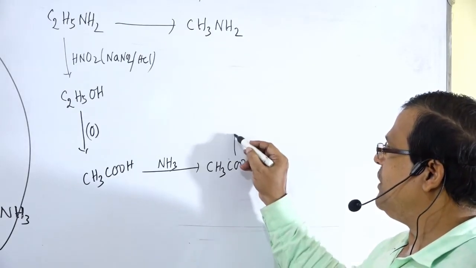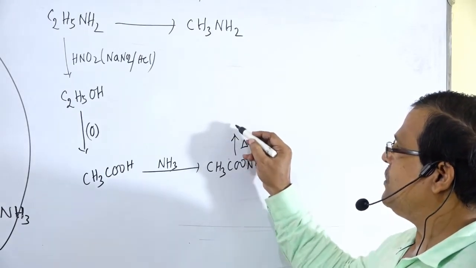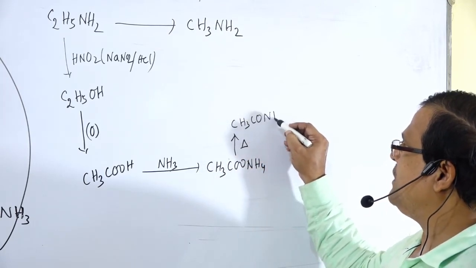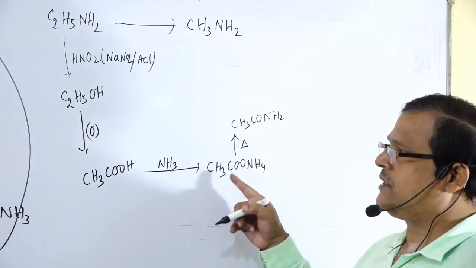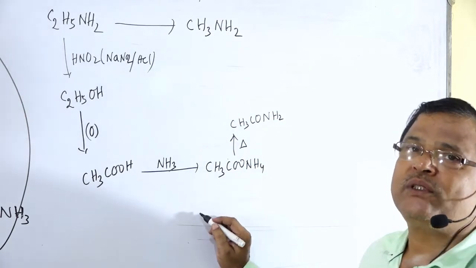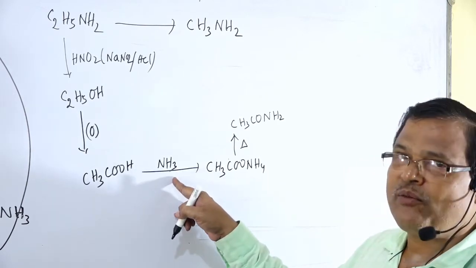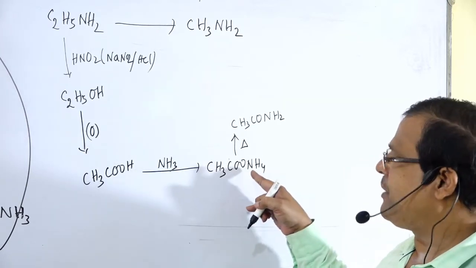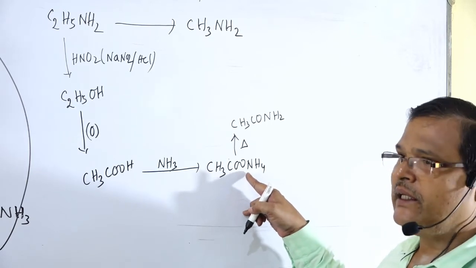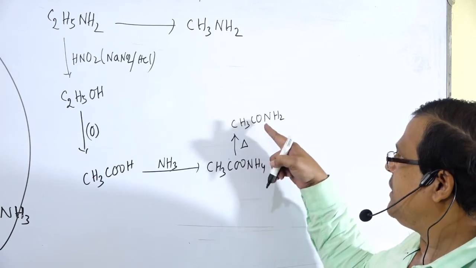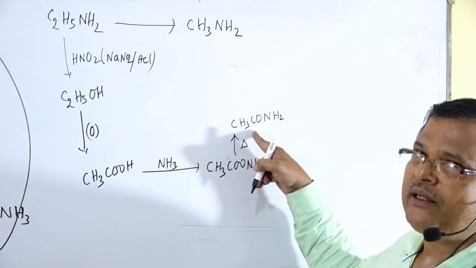When this ammonium acetate is heated, CH3CONH2 is formed. Carboxylic acids treated with ammonia form the ammonium salt of the acid, and on heating this salt, the acid amide is formed.